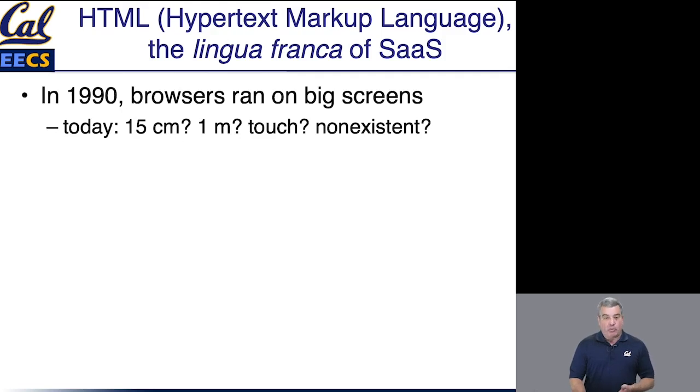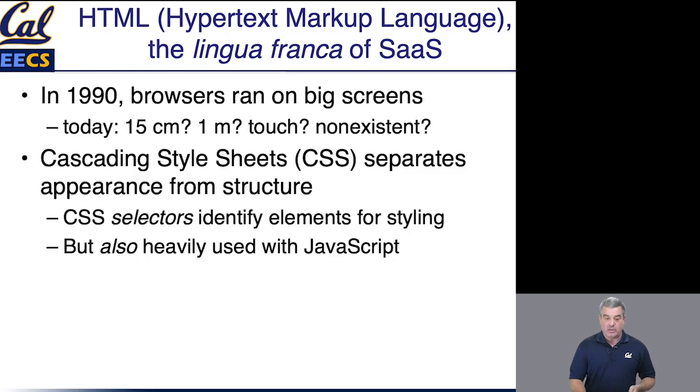Now, in 1990, browsers ran on big screens. They ran on a desktop or maybe a laptop computer in the mid-90s, but today those screens can be anywhere from around 15 centimeters for a smartphone up to nearly a meter for very large desktop monitors. And for users who have visual disabilities and may rely on screen reading software, the screen may not even exist.